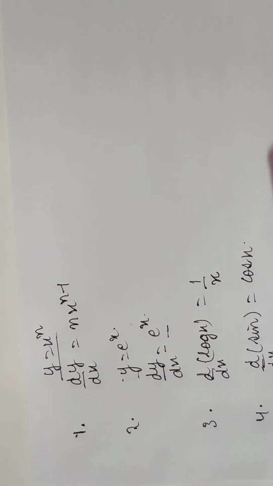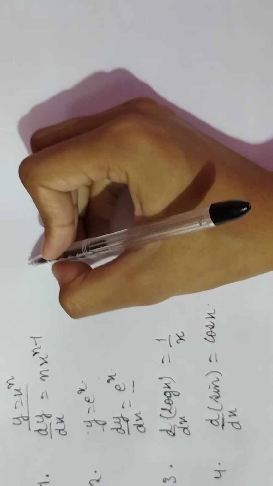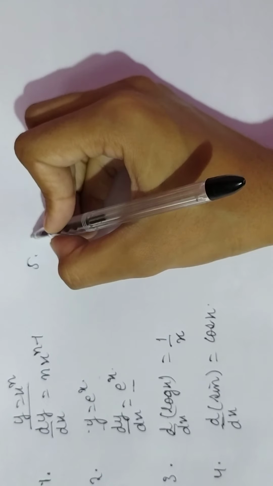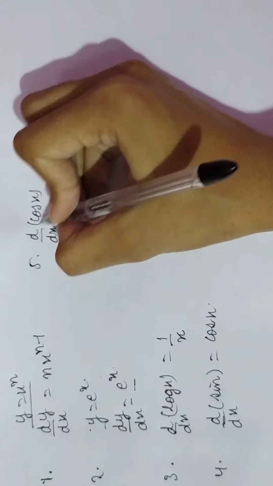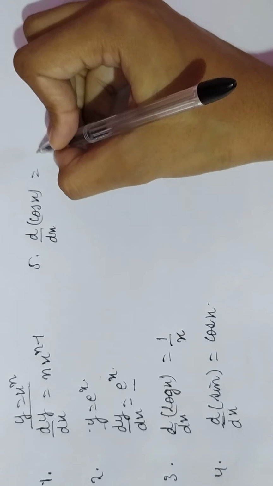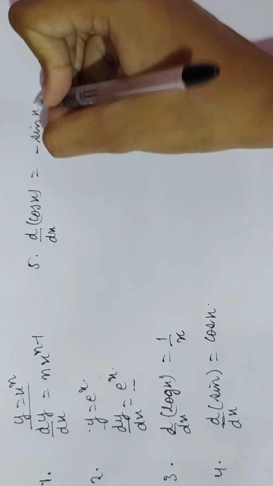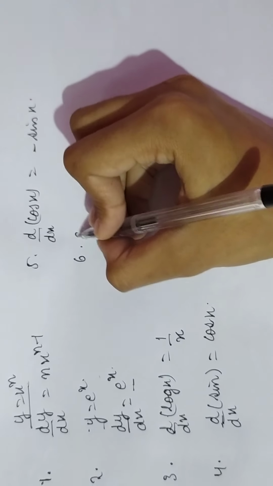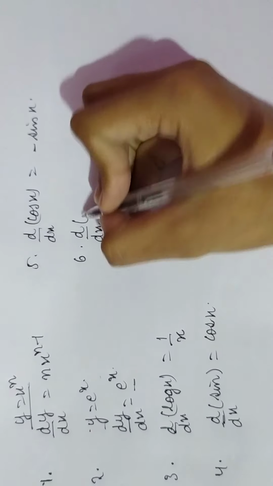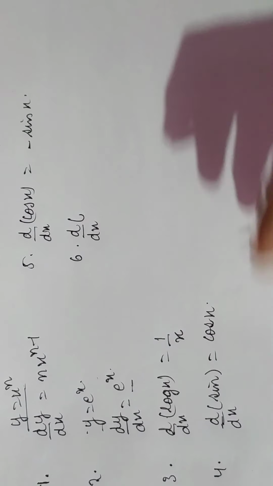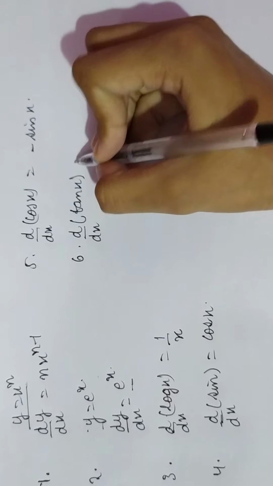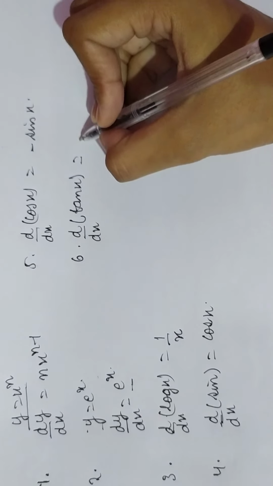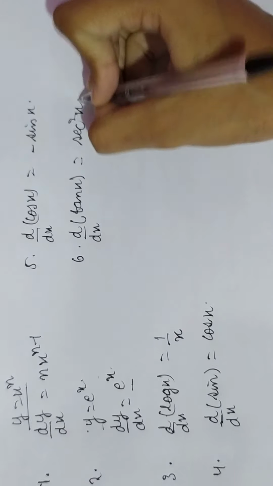Now if we are asked to find the differentiation of cos x, it will be minus sin x. The next formula: what will be the differentiation of tan x? It will be sec square x.